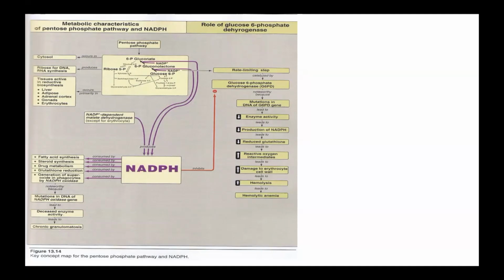Make sure you memorize NADPH. NADPH is consumed for fatty acid synthesis, steroid synthesis, drug metabolism or xenobiotics, and glutathione metabolism. Please take note of that. Very visual. You should remember in your hippocampus the biggest text here, which is the NADPH.